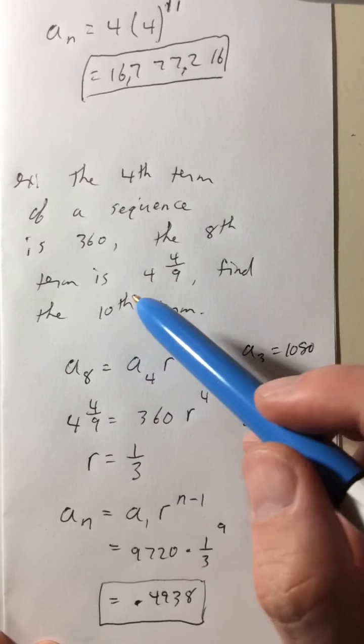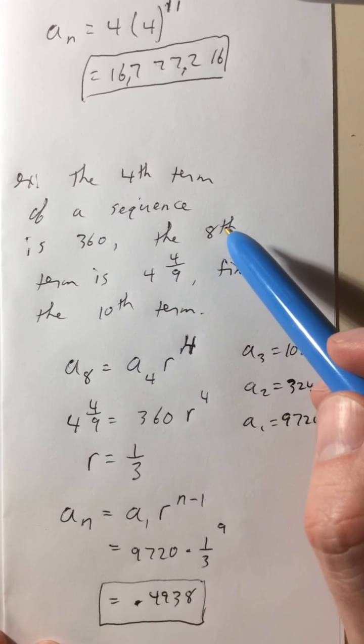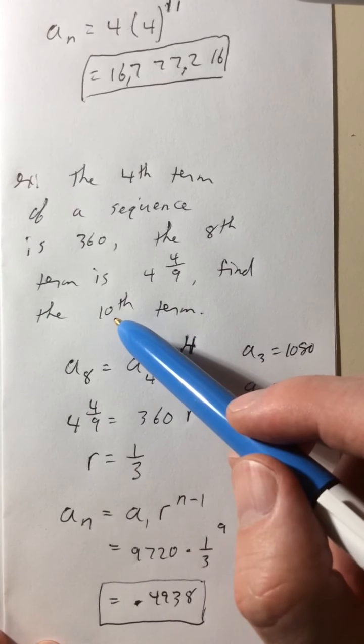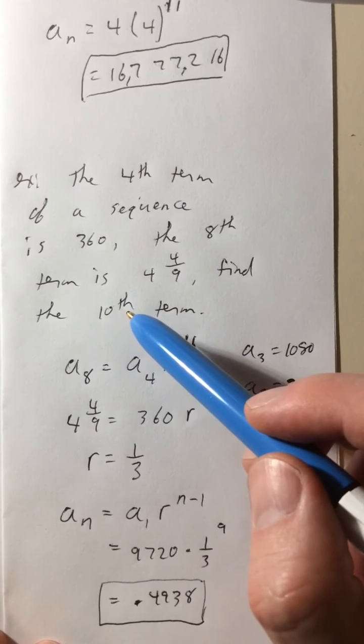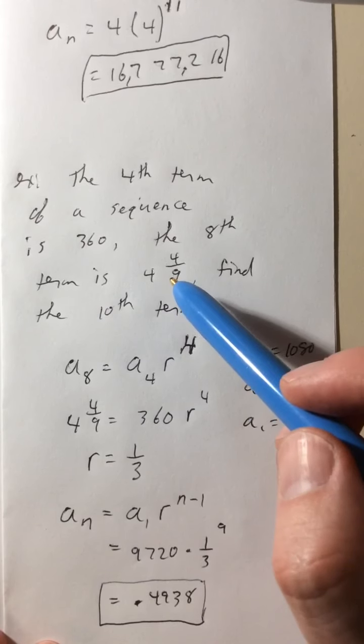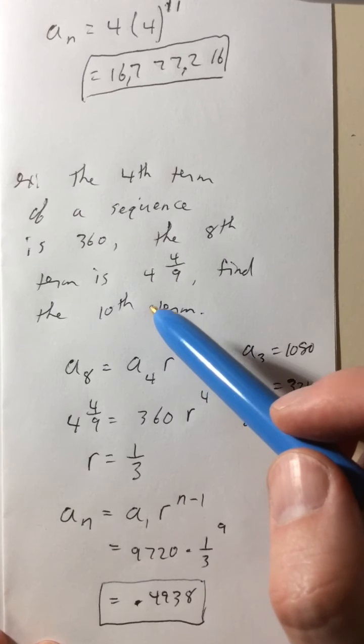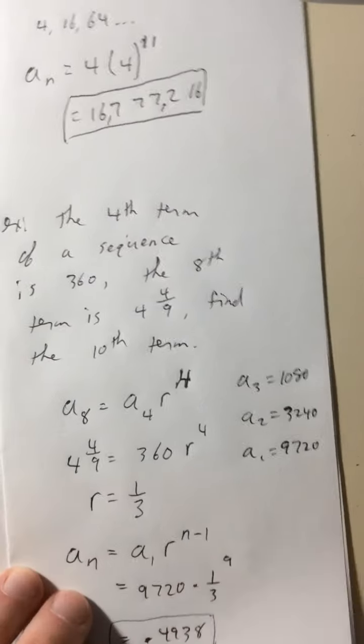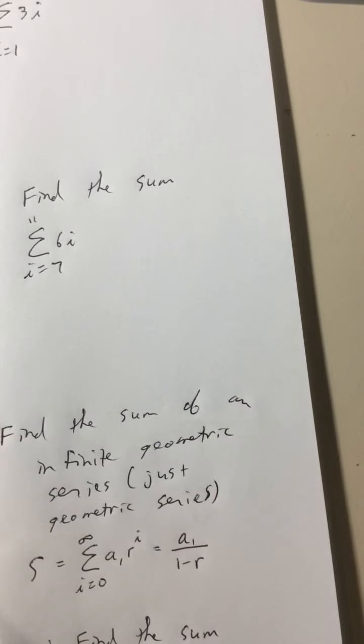So if we knew the eighth term was 4 and 4 ninths, we would just have to multiply by the common ratio 2 more times to get to the 10th term. Or similarly, we could say 4 and 4 ninths times 1/3 to the second power would also get us there. So 2 methods to get to that same location. Okay, so yeah, good.